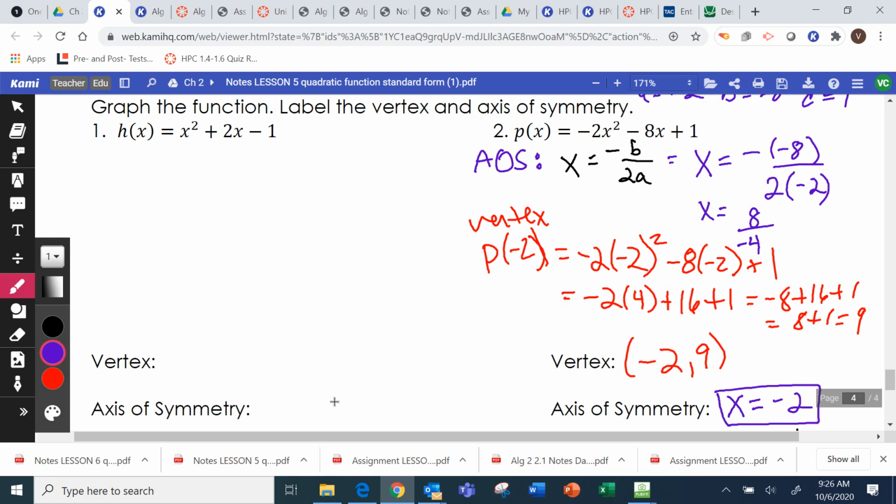Write the formula every time until it's memorized.